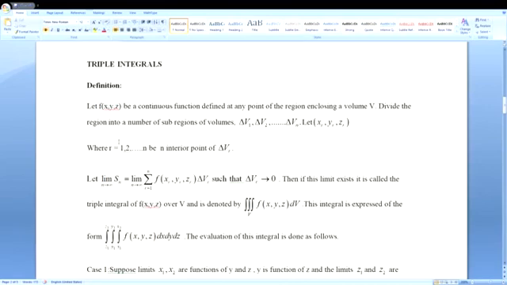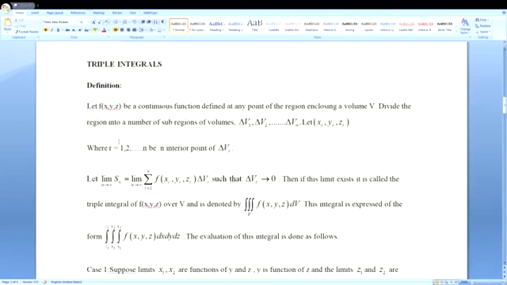It is the triple integral of f(x, y, z) over V, and it is denoted by triple integral over V f of x, y, z dV. This integral is expressed in the form integral z1 to z2, integral y1 to y2, integral x1 to x2, f of x, y, z, dx, dy, dz.